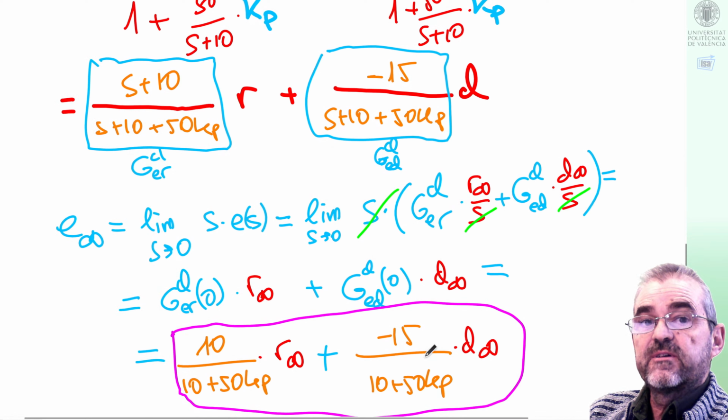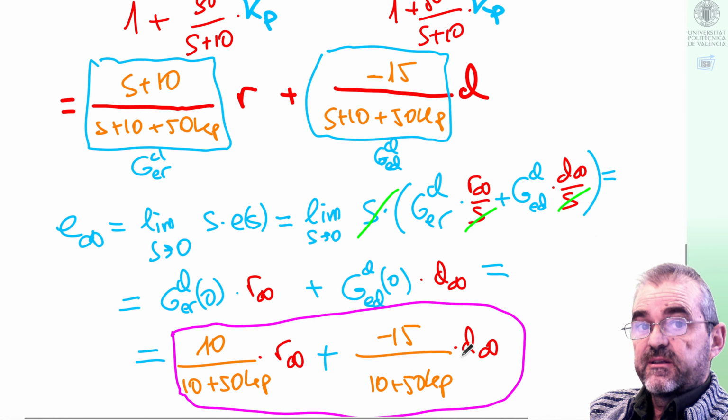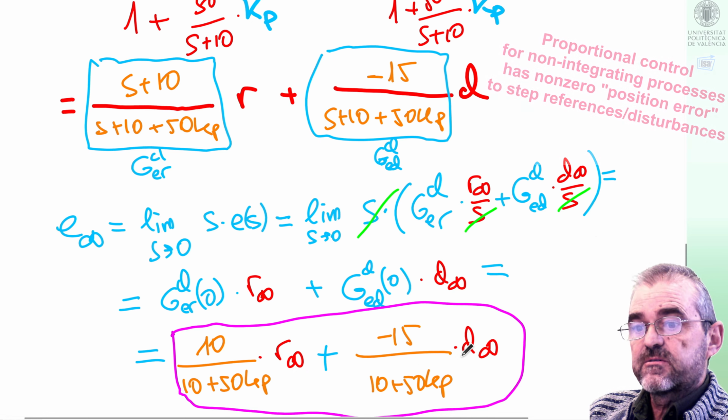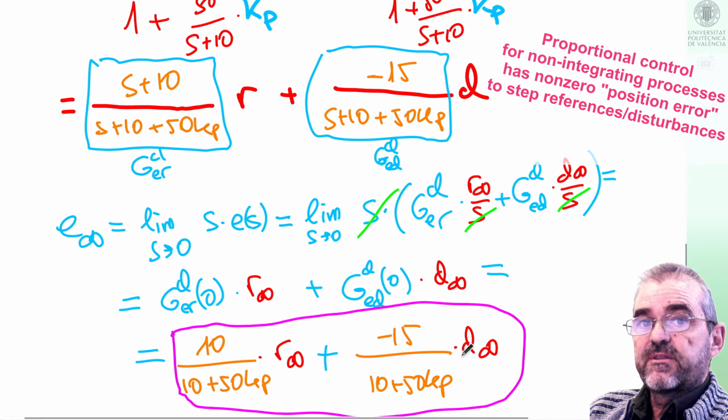So depending on the controller gain, I will have some loop error, and as expected, as my process had no integrators, and neither did my controller, we have a non-zero position error for any finite value of the proportional gain, so this proportional control will not be able to achieve zero tracking error in a steady state.